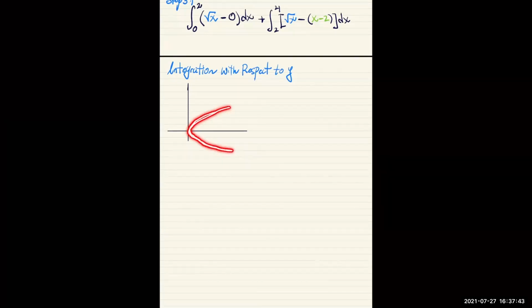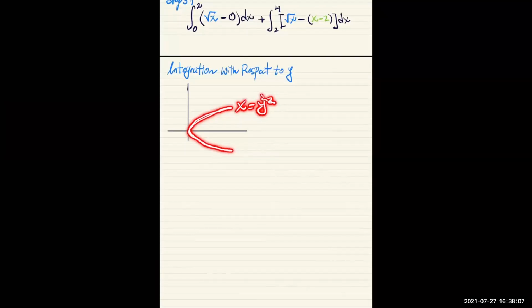The equation of this parabola is x equal to y squared. It's not y equal to x squared. It's a function of y. This is not a function of x. It can't be a function of x because it's going to fail the vertical line test. This is a function of y. You're just switching your x and y, pretty much.